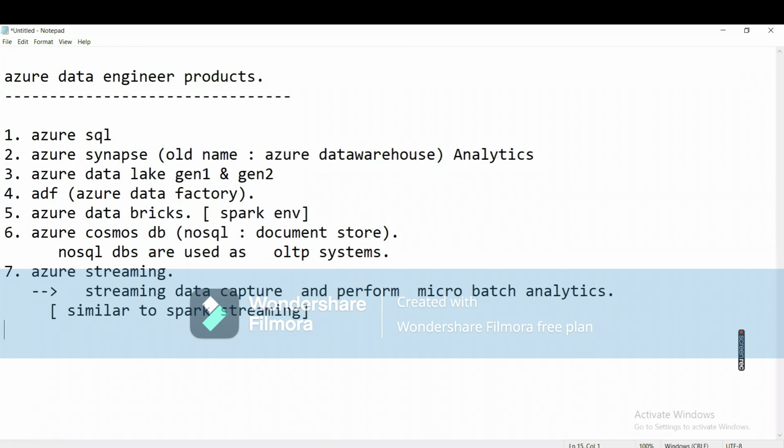Got it. And one more important product, which is generally used by the admins, that is Azure Key Vault.